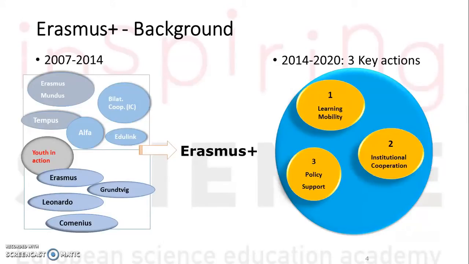Erasmus Plus has been divided into 3 so-called key actions. Key Action 1 on learning mobility, Key Action 2 on international and institutional cooperation, and Key Action 3 for policy support.